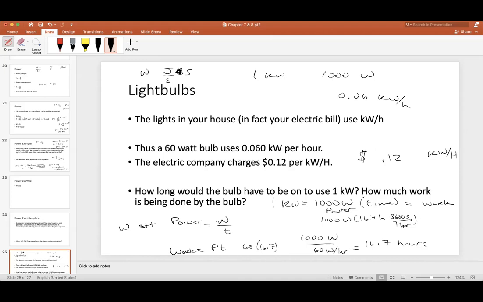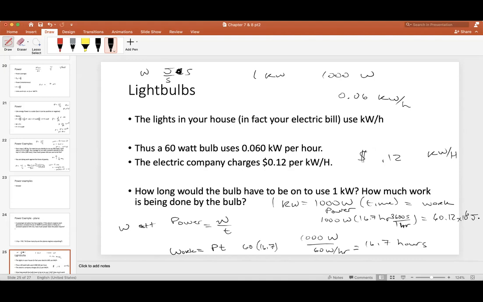So the amount of work that this thing does is 16.7 times 3,600 times 1,000 would be 6.012, nope, would be 60.12 times 10 to the 6 joules of energy.